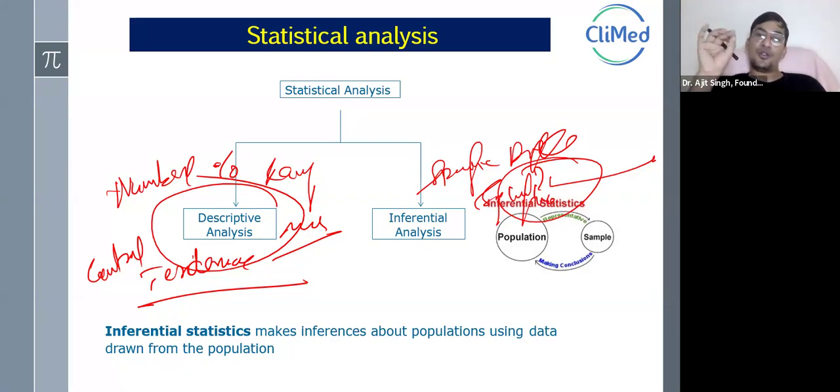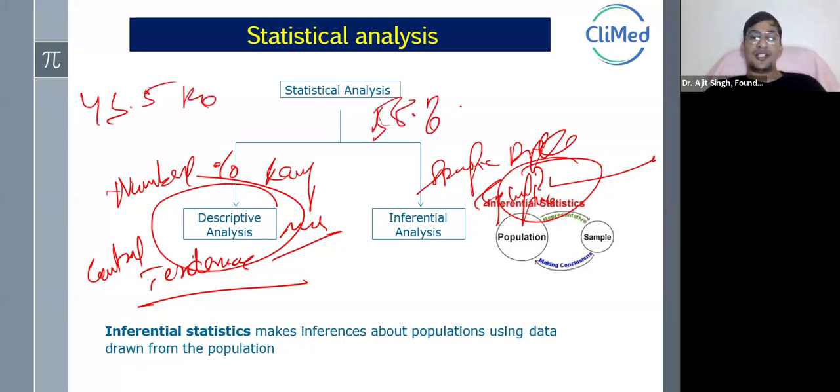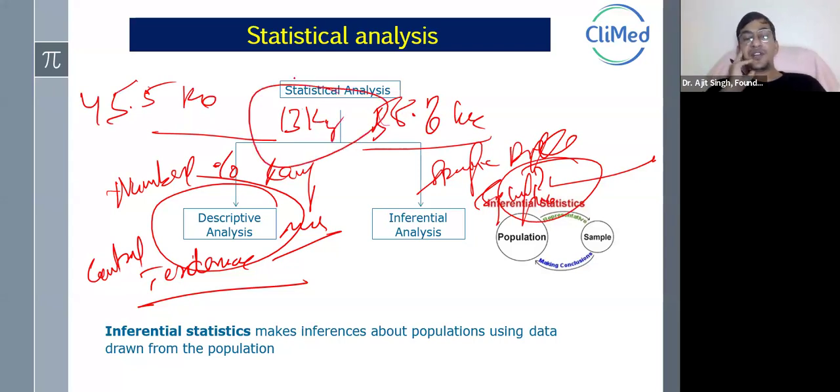But if I talk about the weight of females and males, and I ask you, is there any significant difference between the weight of male and female? What will you tell? Oh, sir, the female's average weight is 43.5 kg and male weight is 58.6 kg. There is a huge difference. There is a difference of 13 kg. This is a significant difference.